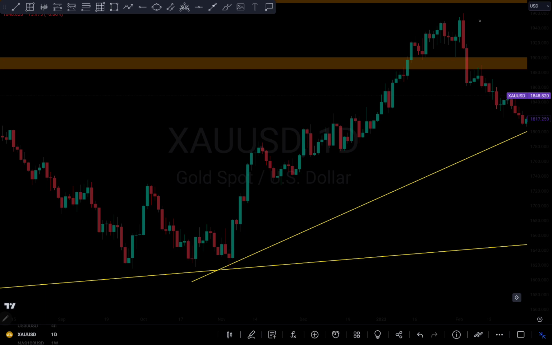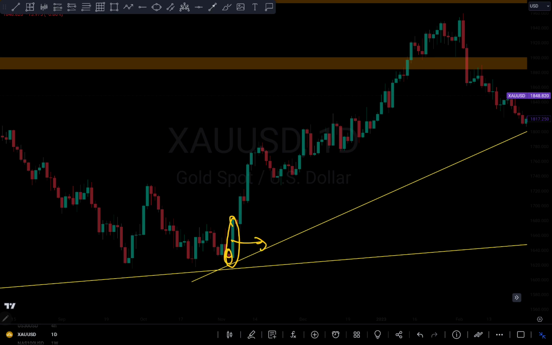So practically this is like an engulfing candle right here. This candle is an engulfing candlestick right around this area. This is similar as well. This candlestick engulfed this previous one.